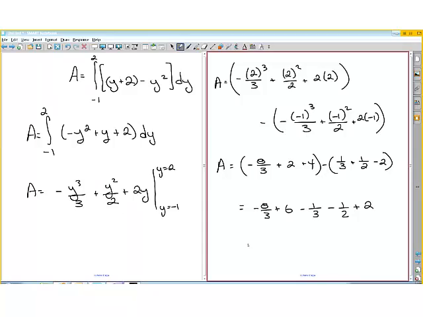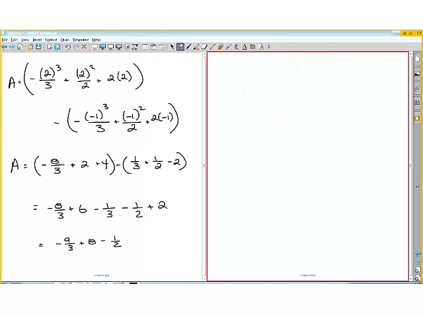Let's go ahead and combine all the terms that are similar first. So you get negative 8 minus 1 is negative 9. So it's negative 9/3 plus 6 minus 1/2 plus 2. So let's go ahead and change that 6 into an 8. And so the 9/3 becomes 3.